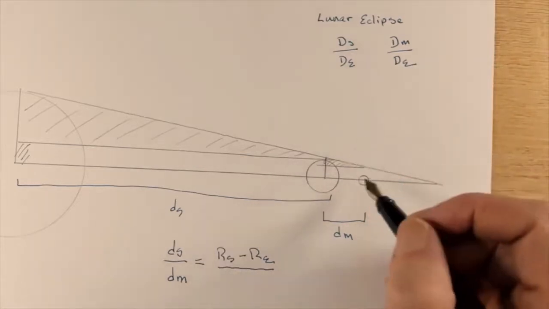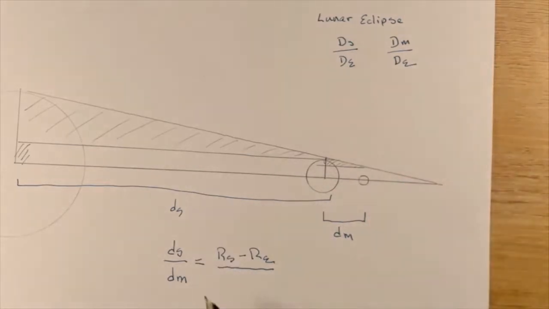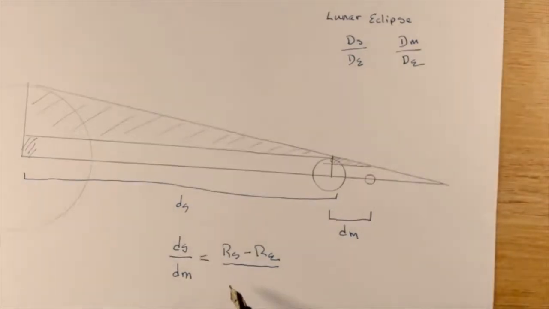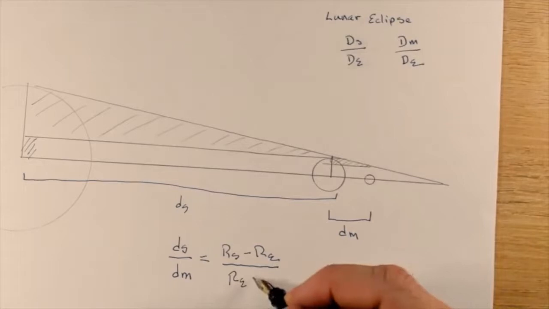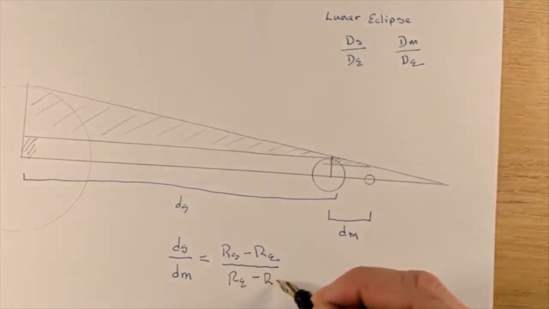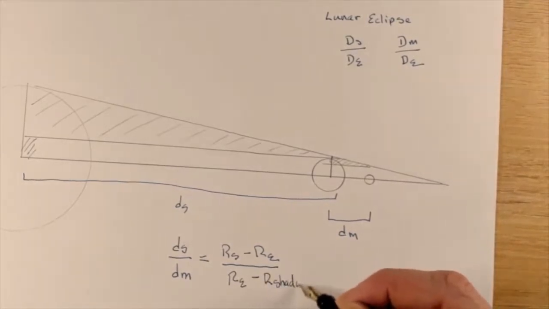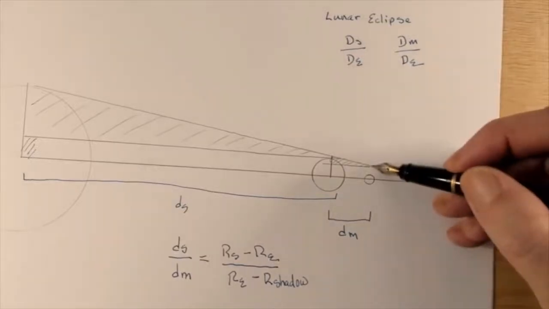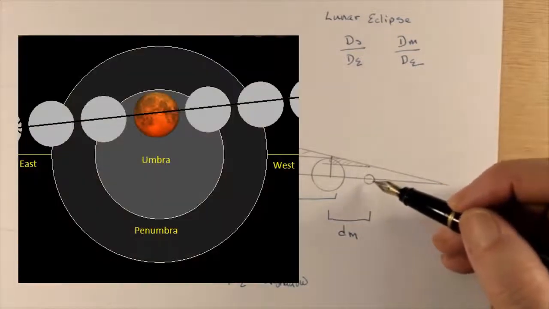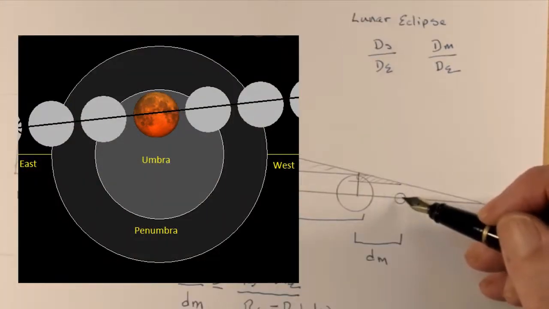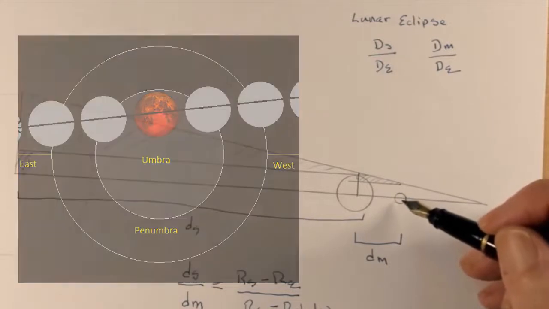Likewise, here we would have the radius of the Earth minus the radius of the shadow cast by the Earth. That's this point right here. One thing that we should note is that the diameter of the shadow of the Earth is about 2.6 times the diameter of the Moon.